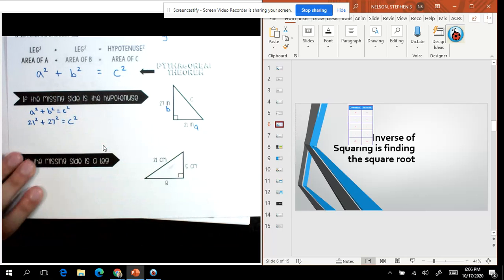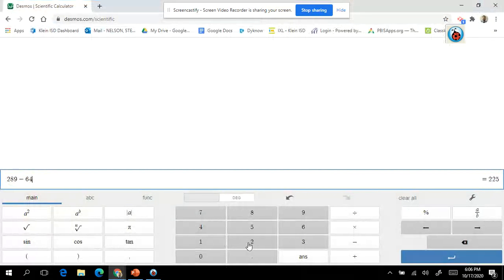Let's pull out our Desmos. 21 squared is 441, plus 27 squared, which is 729, is equal to C squared.